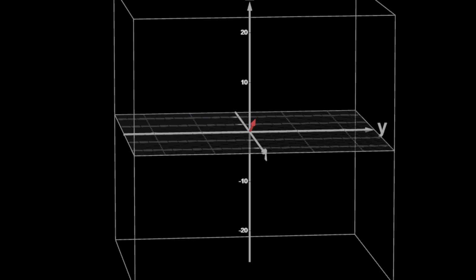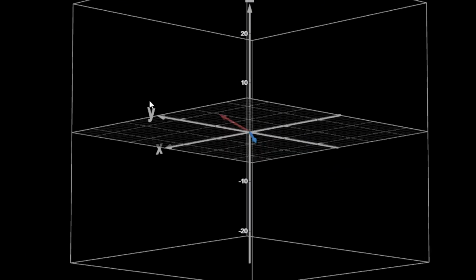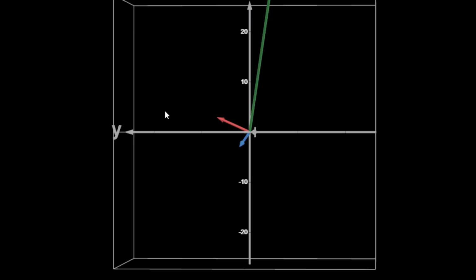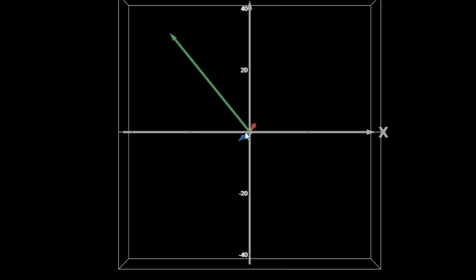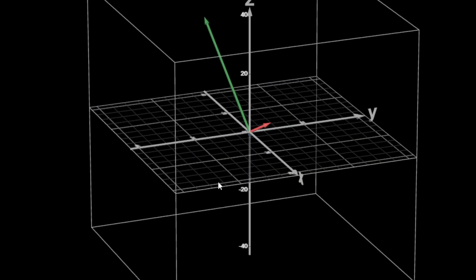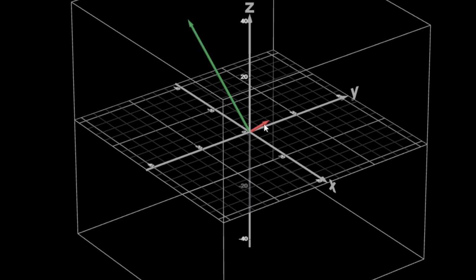I'll change it to -3, and this is like 7. Turn this off. Okay, so I'll turn on the cross product again. As you can see, this blue vector makes a 90-degree angle with this green vector, and the red vector makes a 90-degree angle with the green vector.